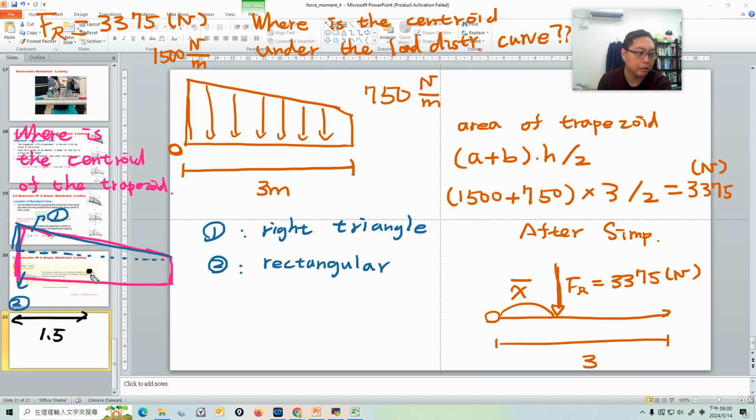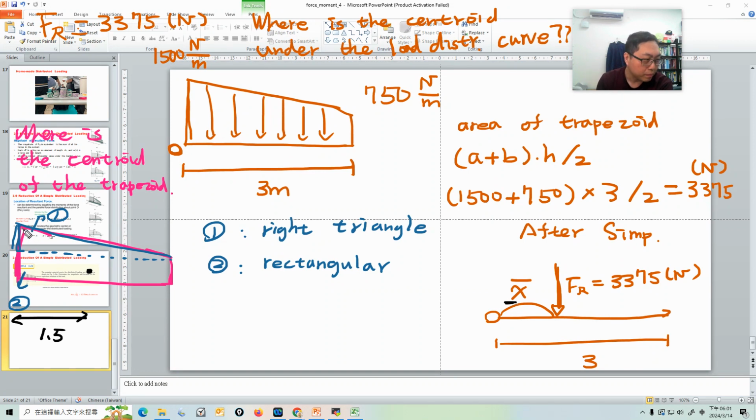The centroid of the rectangle must be right at the half, so this is 1.5. So we are determining the centroid of rectangular area 2, and in this problem we only consider the x component. We don't consider the y component. That's enough, you will understand.